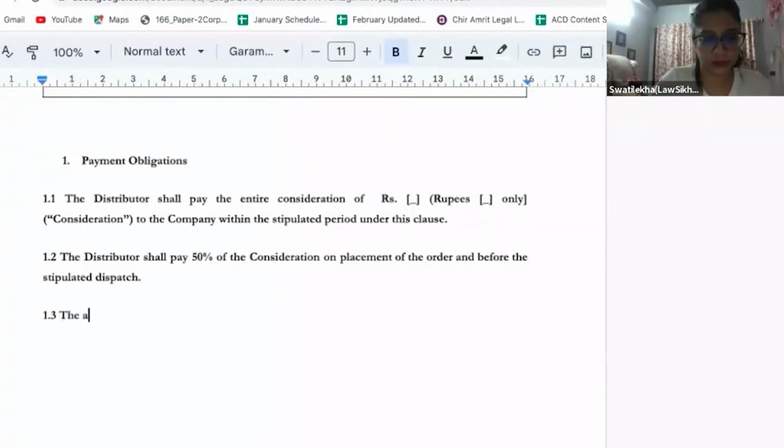So the advance shall be paid strictly in cash. This is the mode of payment for the advance. Now I move forward to the rest of the payment. Okay?